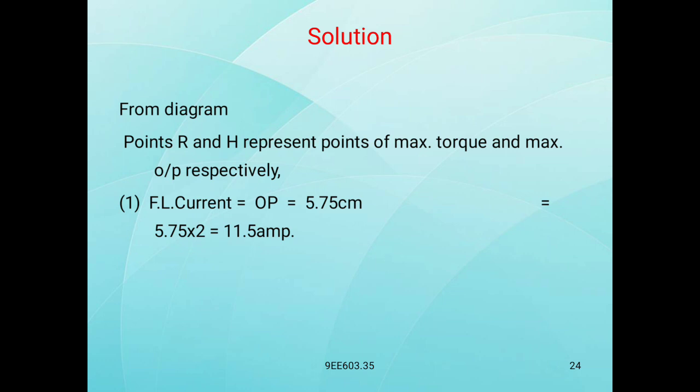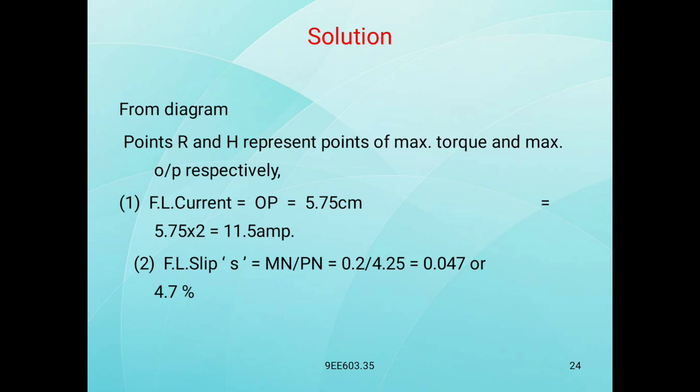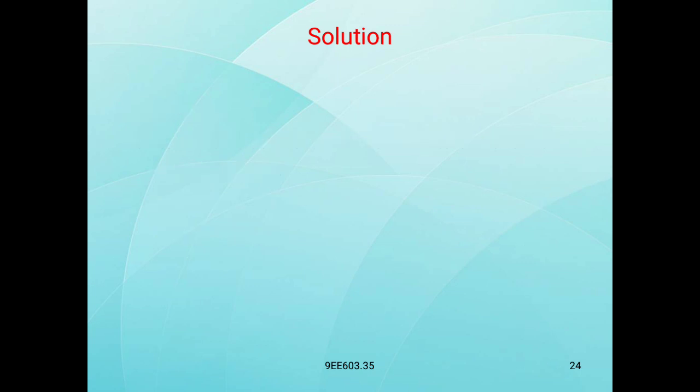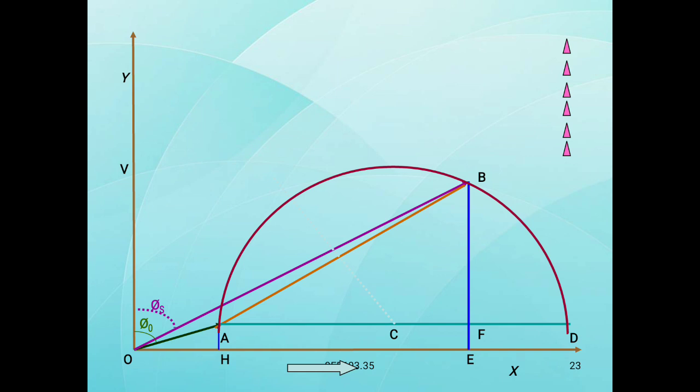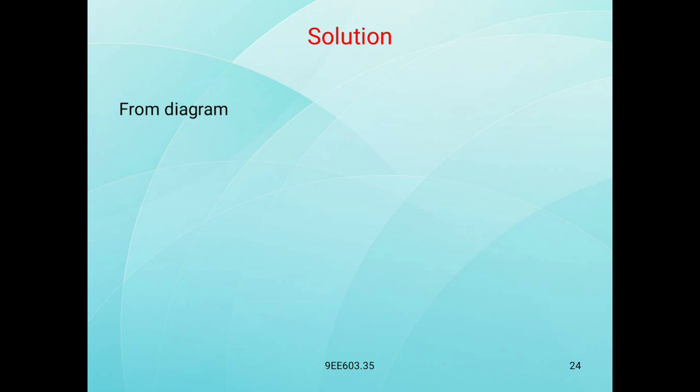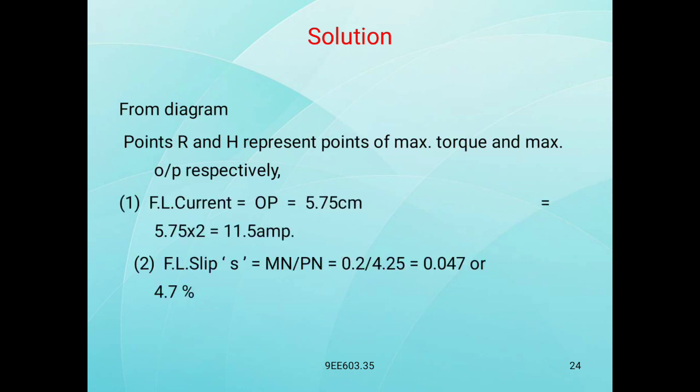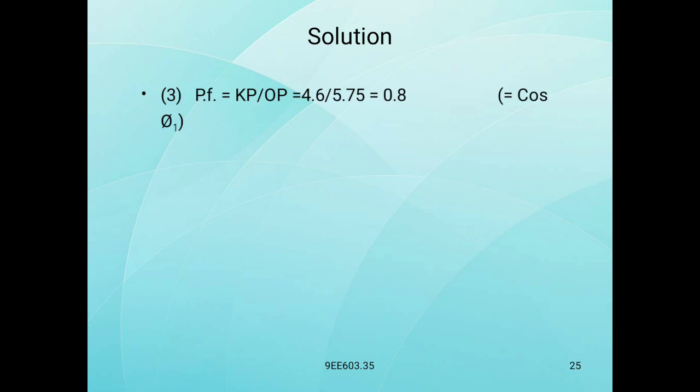Full load current OP is equal to 5.75 centimeters, that is 5.75 into 2, that is 11.5 amps. Full load slip S is equal to Mn by Pn, that is 0.2 by 4.25, that is 0.047 or 4.7%.